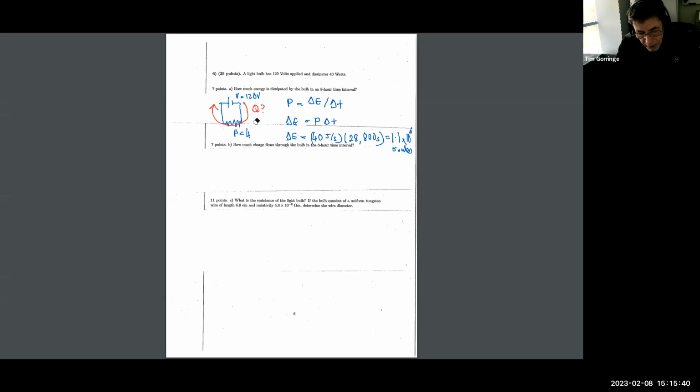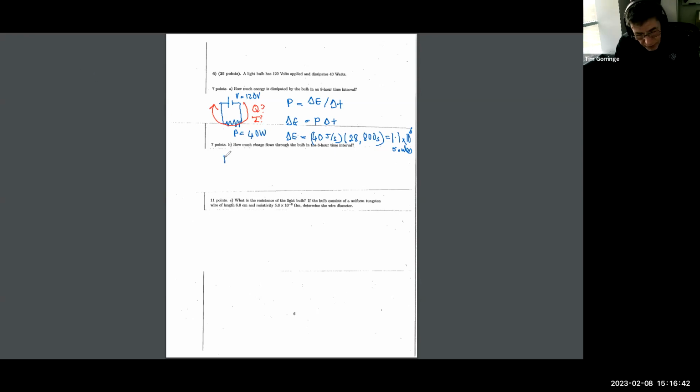That current is denoted by I, not Q. So let's figure out the current first, and then the charge second.